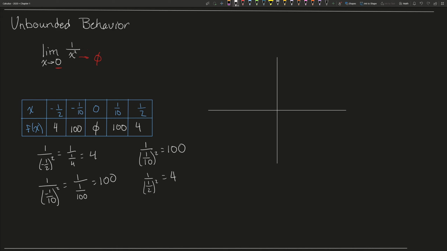And if we were to move closer and closer to 0, say if we were to plug in 1 over 25 instead of 1 over 10, our value gets bigger and bigger. So our graph looks something like this, and from both ends, we are approaching infinity as we go to 0.